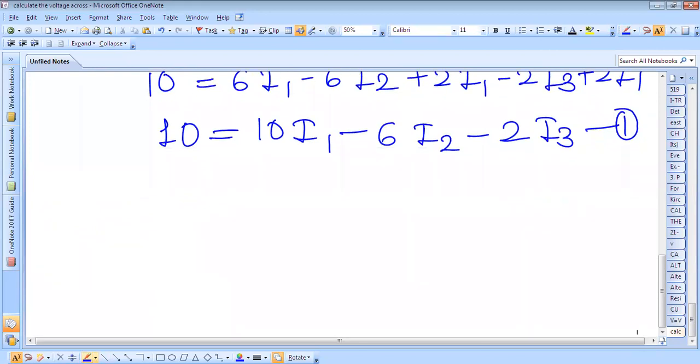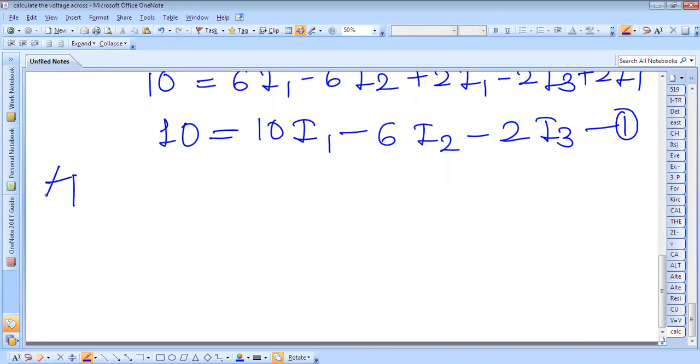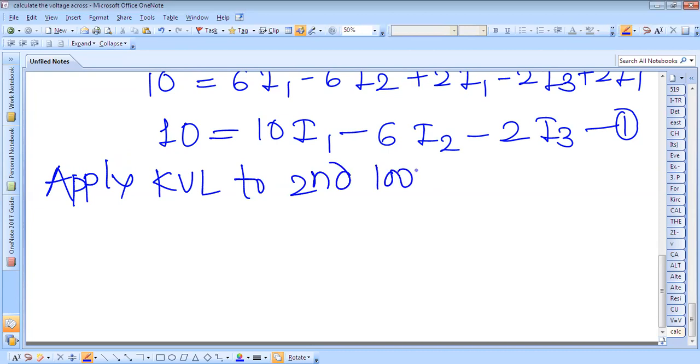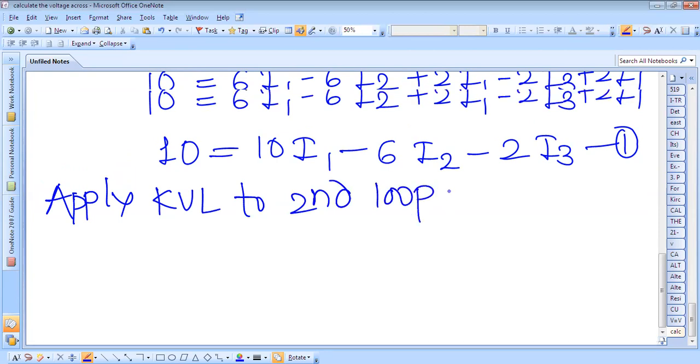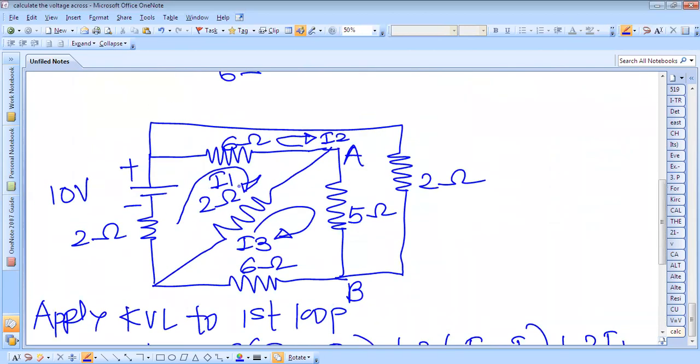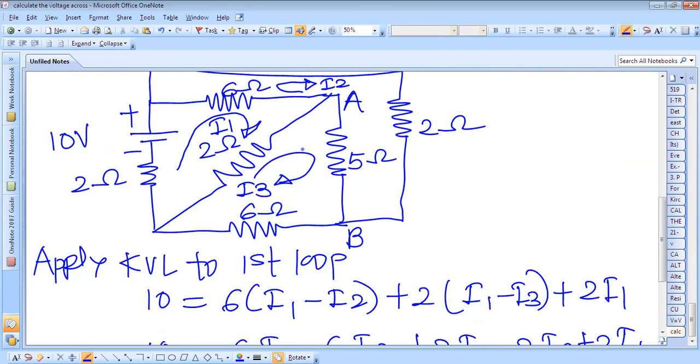Now we'll apply the KVL to the second loop. Second loop means this loop, in which the current I2 is flowing. So we'll apply the KVL to this second loop and write the equation.